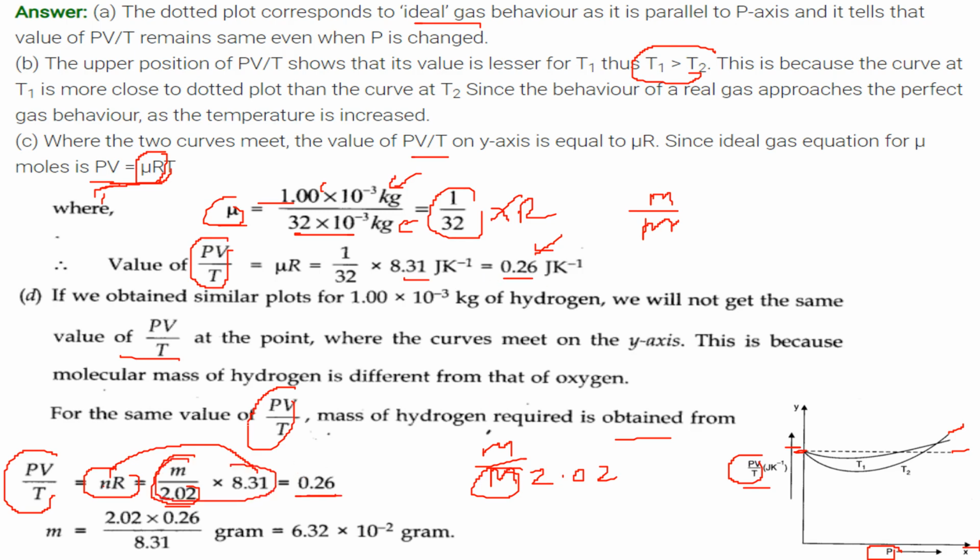We have to find out the mass for which we get this value. So m by 2.02 into 8.31 has to be equated with 0.26 so that we can get the mass of the hydrogen. So we get mass equal to, we take this in the denominator, this in the numerator, multiply them, this is in grams. So this is the mass for which we get exactly the same value of PV by T for hydrogen as it was in oxygen.